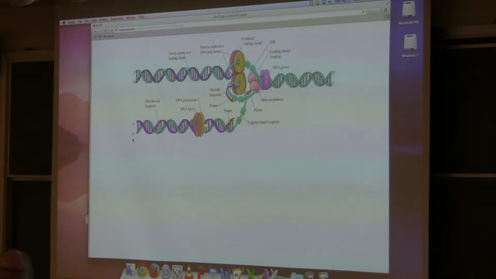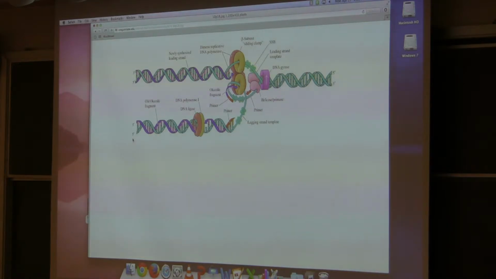So a DNA polymerase is extending an existing strand. That's what a DNA polymerase does. It extends an existing strand, and that existing strand can be a piece of RNA. That existing strand can be a piece of DNA. Okay, so what does that mean?